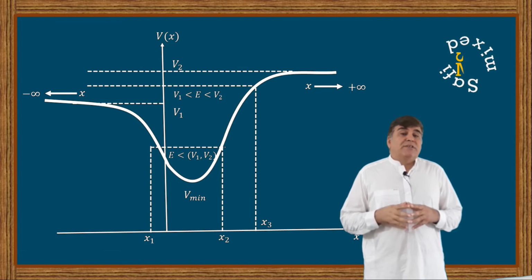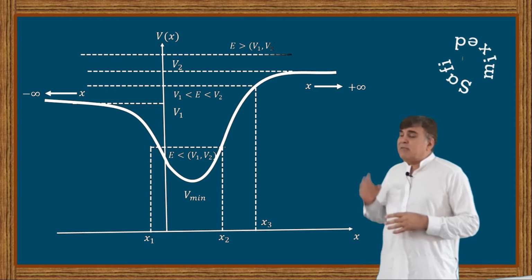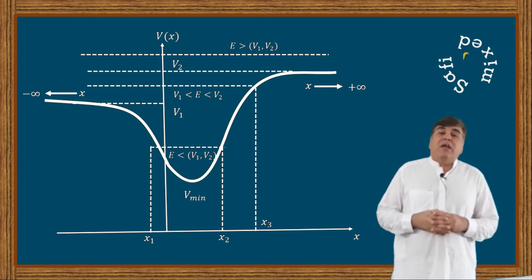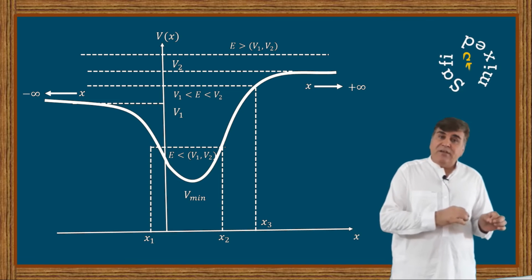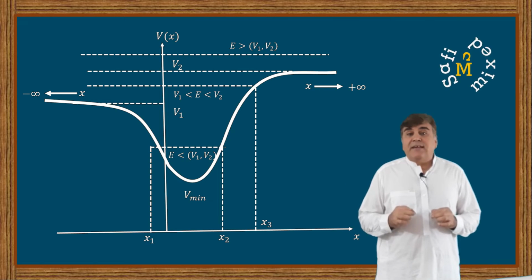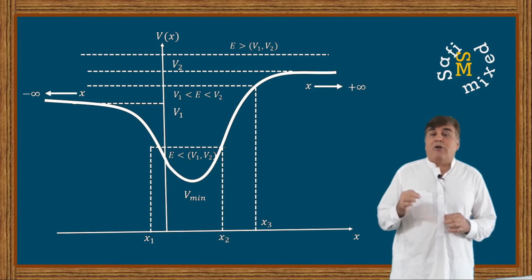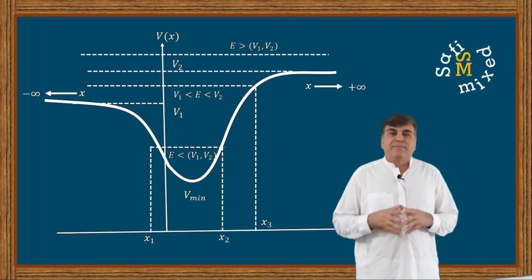Similarly, for the particle with E greater than both V1 and V2, the particle can move to plus infinity and can move to minus infinity. In such cases, the solutions to the time-independent Schrodinger equation are called scattering states.